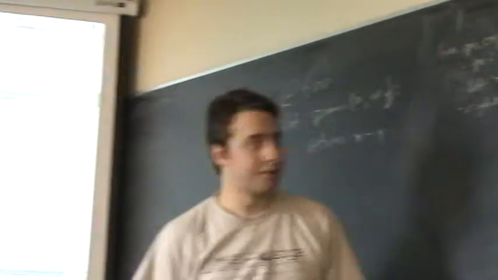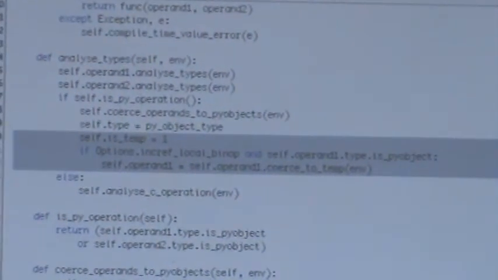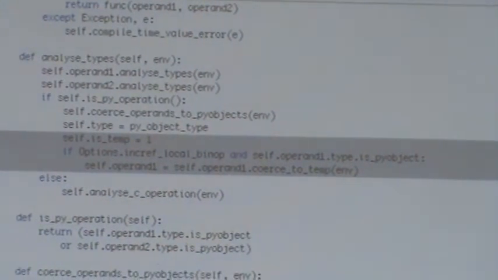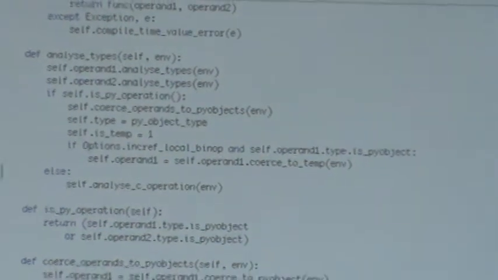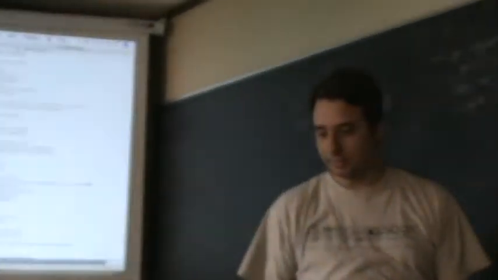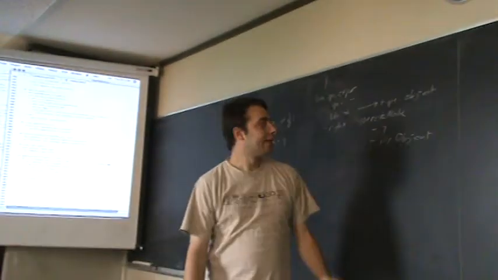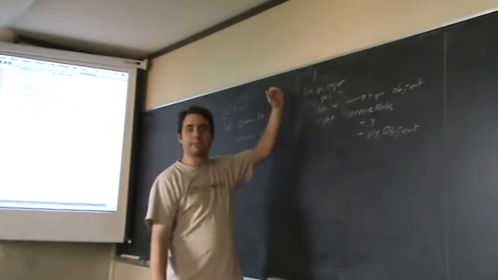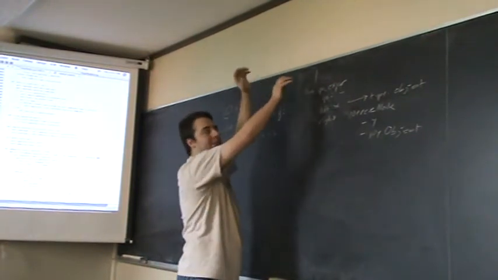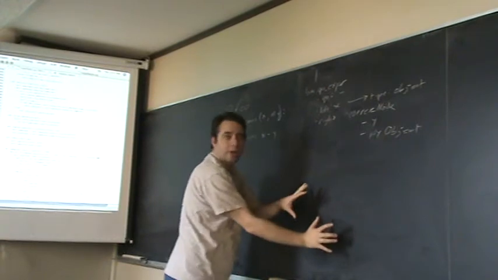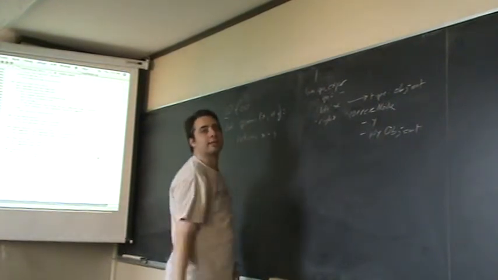This part here says that the result of this is a temporary variable. So it turns the int into a Python object. It replaces this node with a node that wraps it with a coercion. And then it goes on its merry way, and sets the type of self to be a Python object. If this was nested in something else, then it would go up and say, okay, I have a Python object here, what do I have here, figure out what my thing is, and go on.